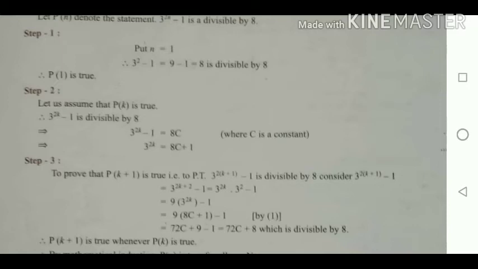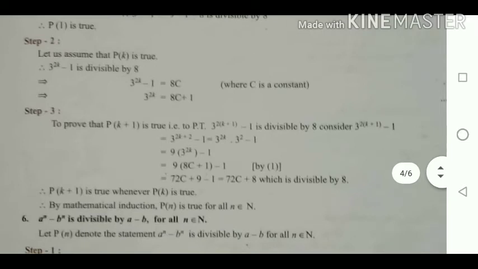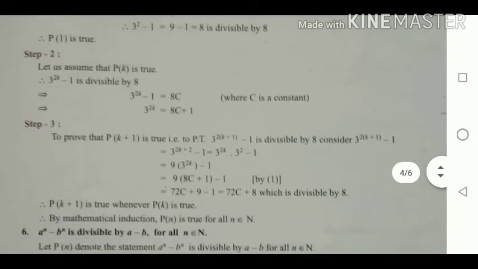Consider 3 power 2 into k plus 1 minus 1. I am getting 3 power 2k plus 2 minus 1, that is 3 power 2k into 3 power 2 minus 1. 3 power 2 is nothing but 9. Then 9 into 3 power 2k minus 1. 3 power 2k we already found as 8c plus 1.